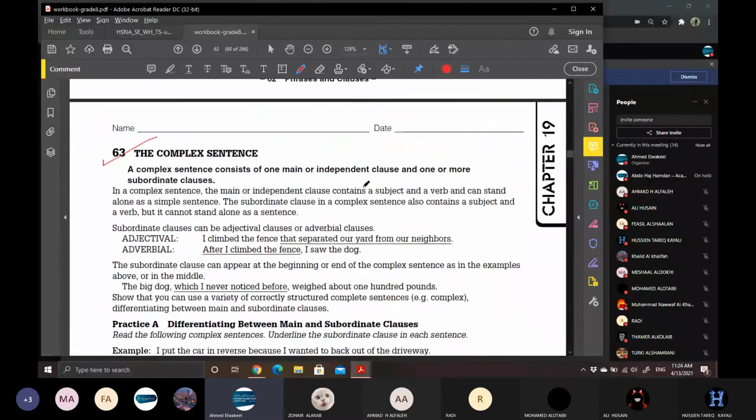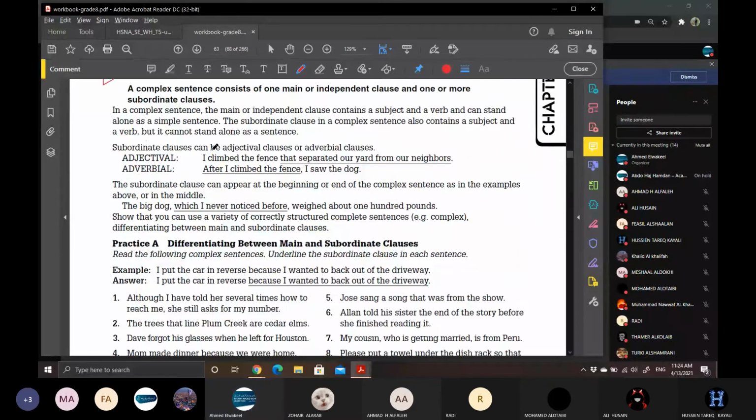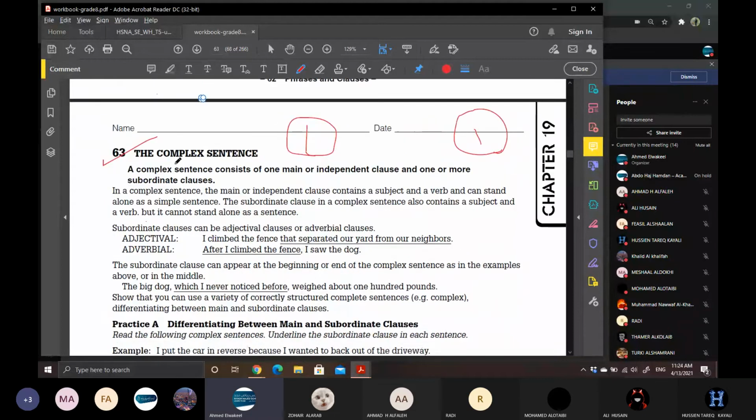On the other hand, if you have 1 independent clause and 1 dependent clause, consequently you will have the complex sentence. The complex sentence always will have 1 subordinate and 1 main clause.